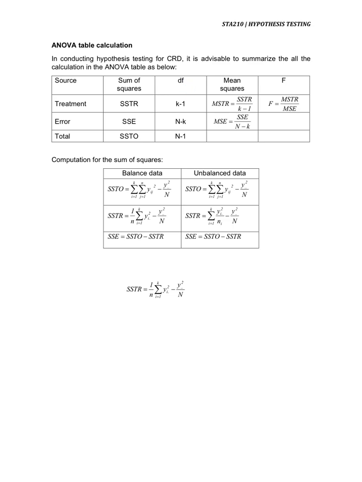DF. The formula for degrees of freedom for the treatment is K minus 1. What is K? K is the number of treatments involved in the experiment.